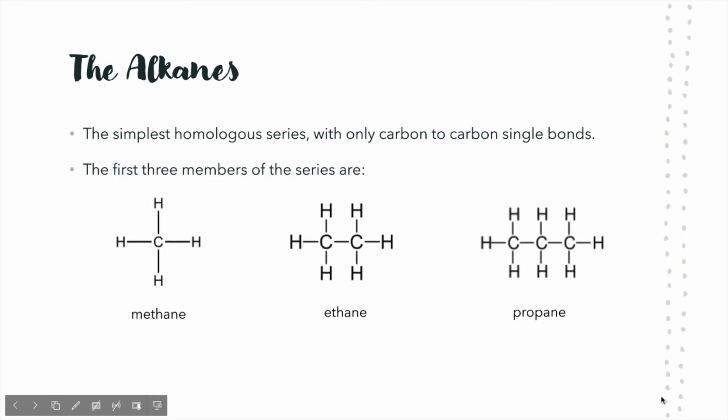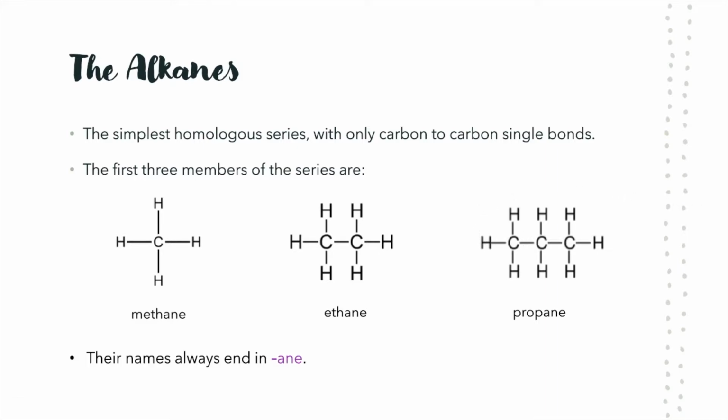And as I said, between each carbon, there's only one line, which means single bonds. And you will have noticed as well that all their names end in "ane". So if you come across a hydrocarbon and its name ends in "ane", it will be an alkane.